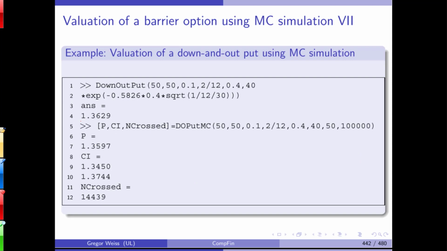Down-and-out put: 1.3629. The price with Monte Carlo simulation is 1.3597, and this is the confidence interval. And out of 100,000 times, the option was knocked out in 14.44% of all replications, of all simulations.